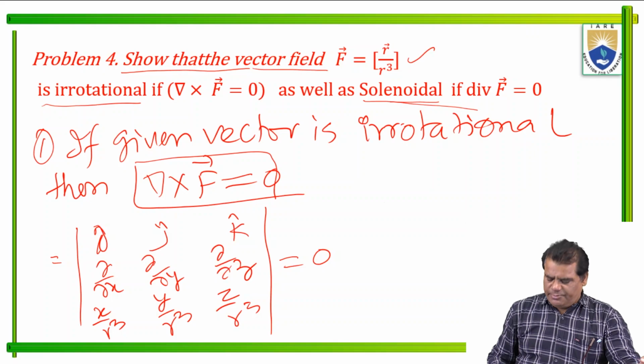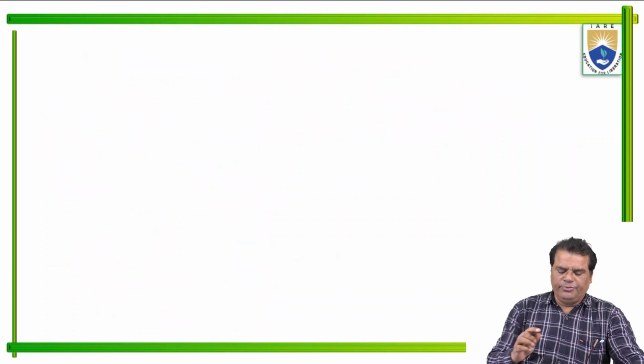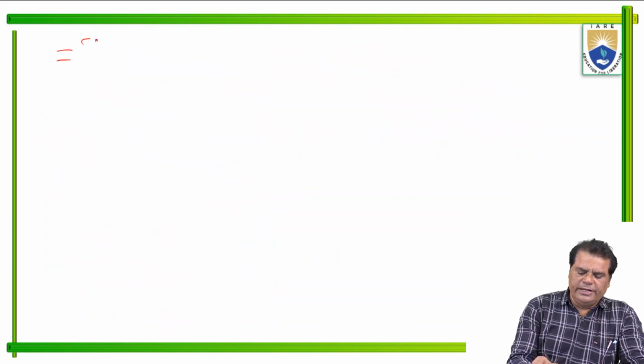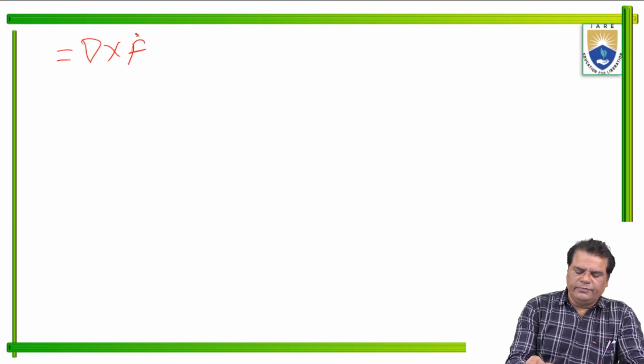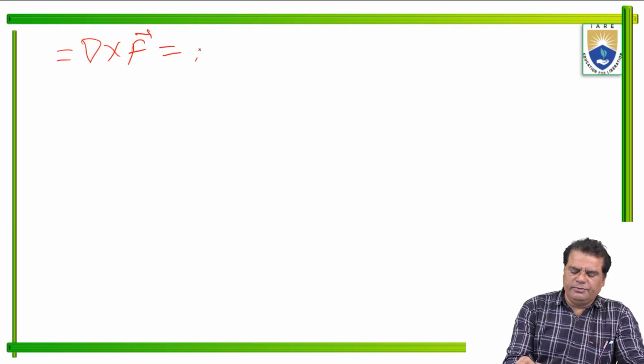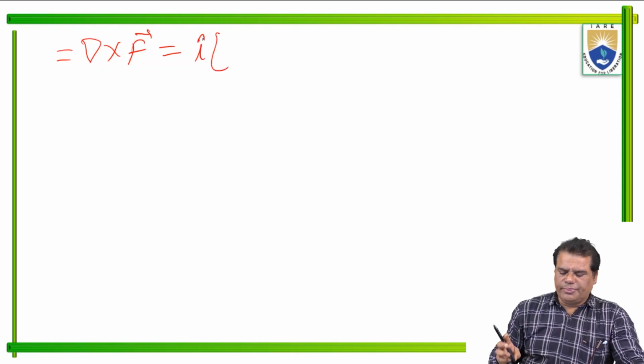After opening this determinant, we get this value. Here this is equal to del cross f. Thus del cross f is equal to i, which is a common vector.